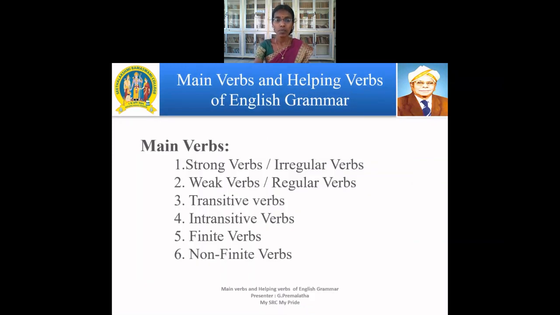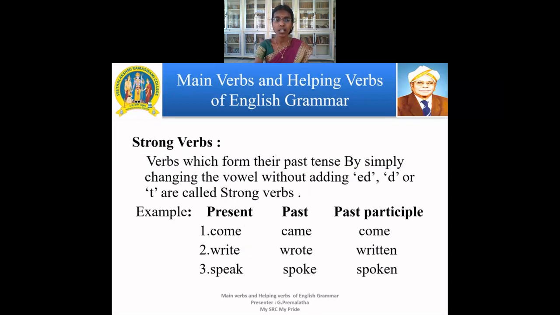Next one, main verbs. As I have already told you, there are 6 divisions, that is strong, weak, transitive, intransitive, finite and non-finite. First, we see strong verbs. Strong verbs are the verbs which form their past tense by simply changing the vowel without adding ed or d or t.